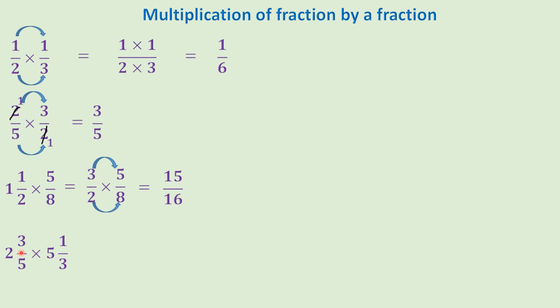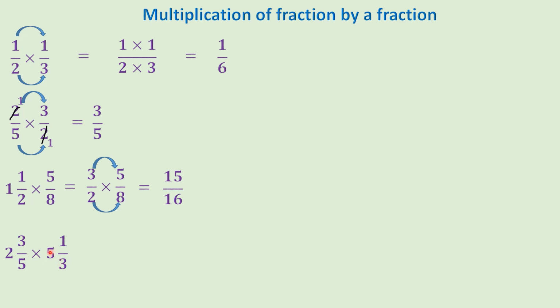See another example. Both are mixed fractions. Now convert both mixed fractions into improper fractions. Now 2 3 by 5. Convert into an improper fraction. 5 into 2 is 10 plus 3, that is 13 divided by 5.